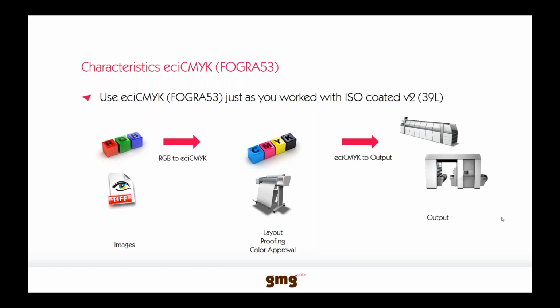So a lot of different output conditions. They use the GMG Color Master as their exchange color space. And you could do exactly the same thing with FOGRA53. So in front of a lot of different output conditions, you will use an exchange color space.